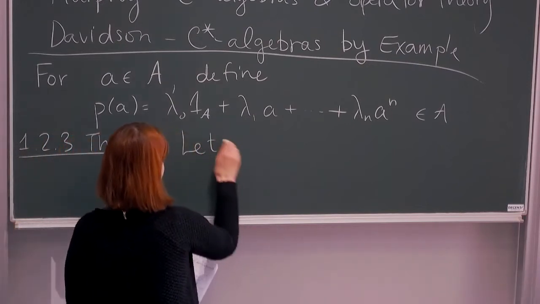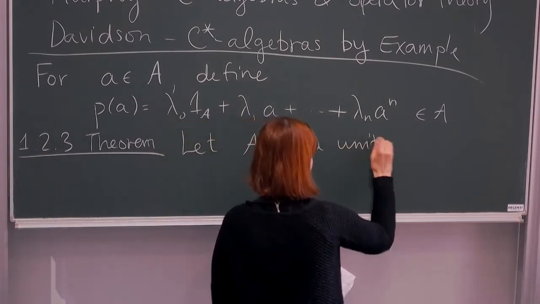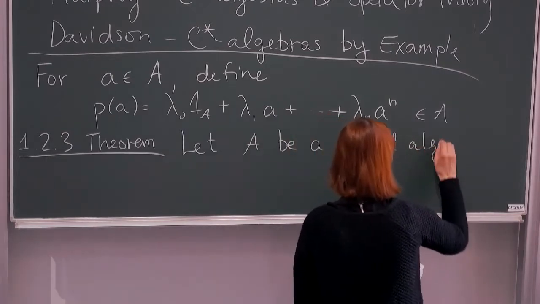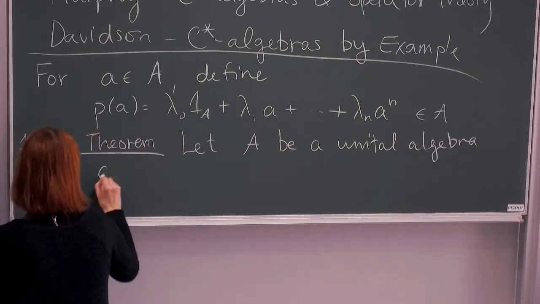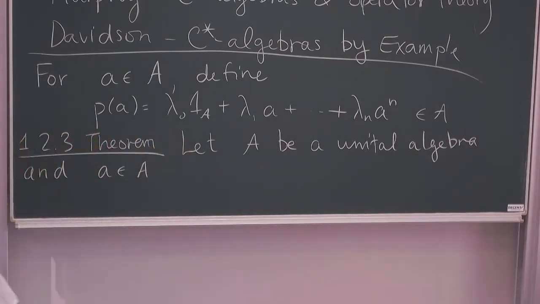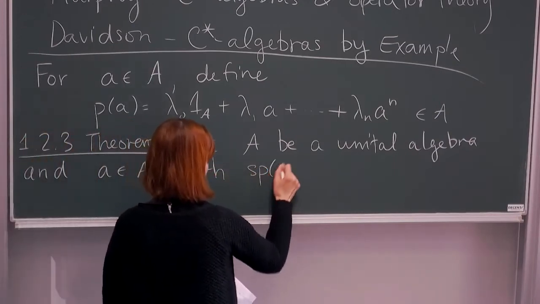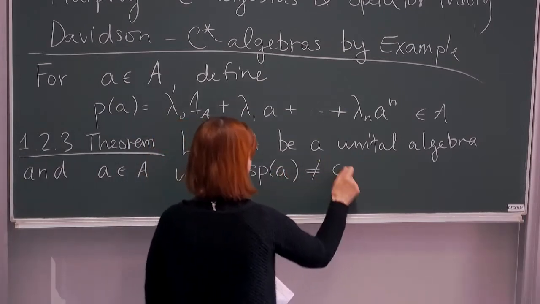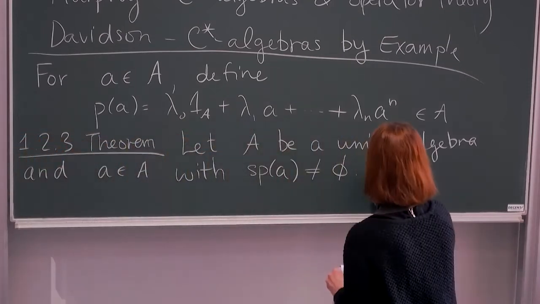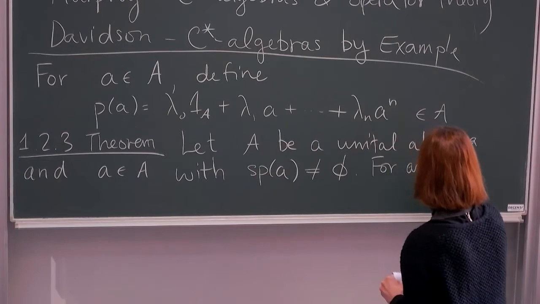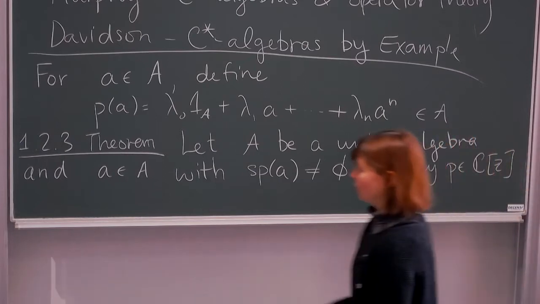Let A be a unital algebra and a an element of A with non-empty spectrum. Then for any polynomial P, we have the following.